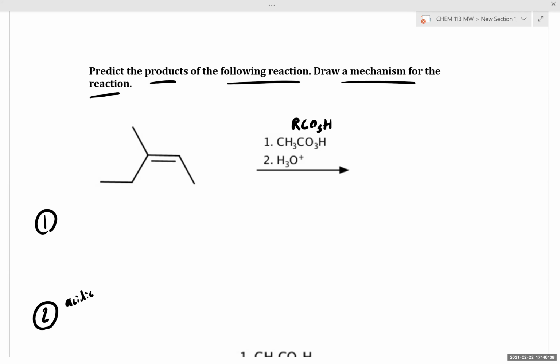Epoxide installation, right? So the first step is epoxidation. And the second case is acidic epoxide opening.